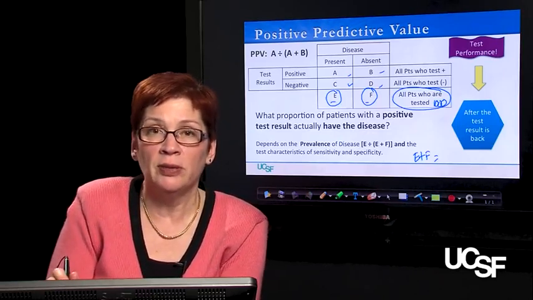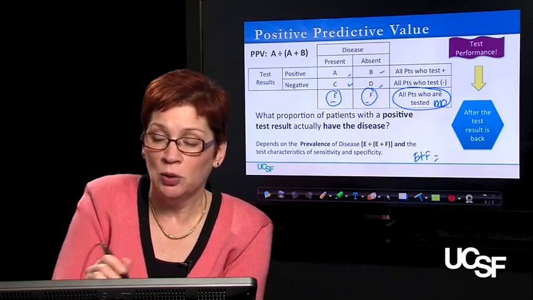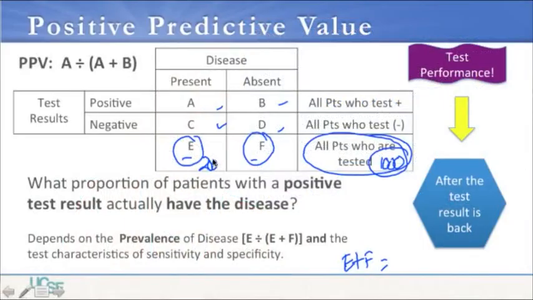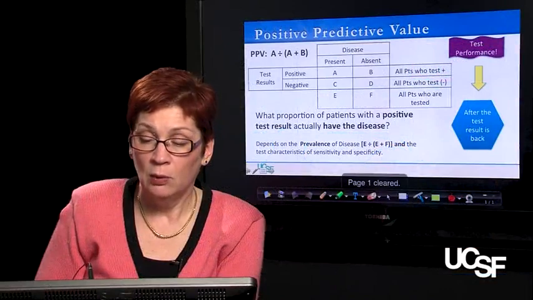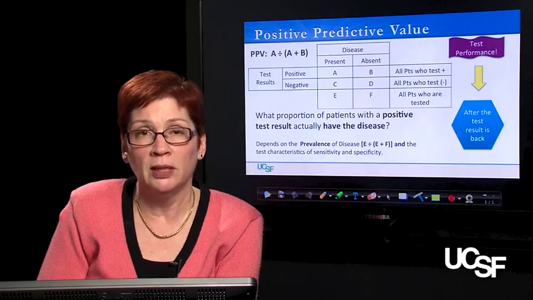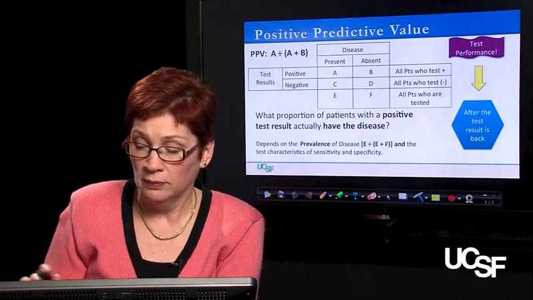So if the pretest probability of disease is 20%, that means 20% of this 1,000 people will actually have disease, and that would be 200. And we're going to need that in order to get to our post-test probability and positive predictive value.